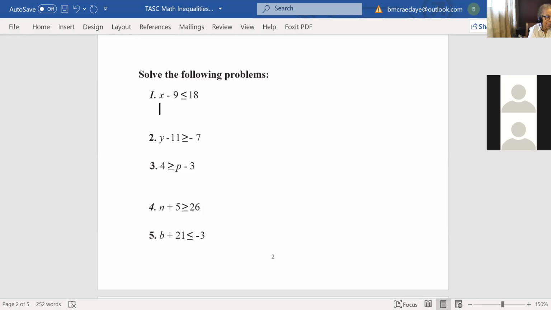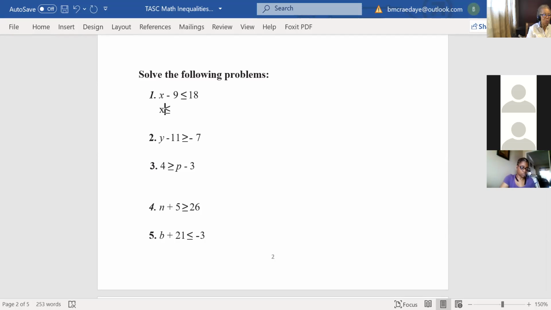What is X? I'm just going to put the symbol here, and you tell me what the value of X is. I'll put X, and you tell me what goes on the right side.